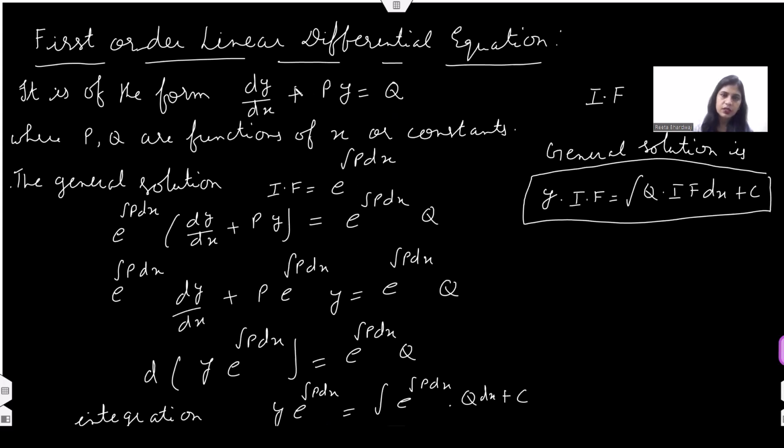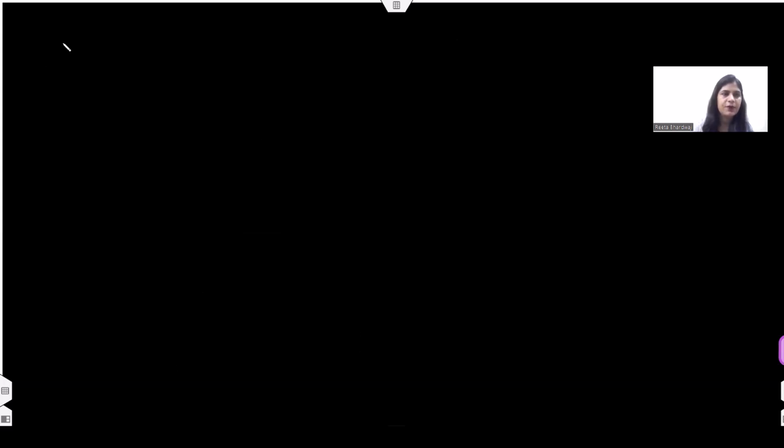In this linear differential equation, x is the independent variable and y is the dependent variable. We can express the same thing by taking x as the dependent variable and y as the independent variable. So dx/dy plus px is equal to q.